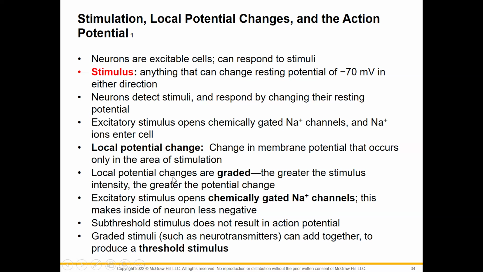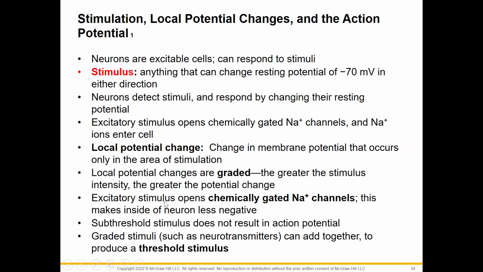The local potential changes will be graded, meaning you'll have more in one spot than another. And then as it continues to move down that cell, you'll have more in the next spot than the previous one, more in the next spot than the previous one. So local potential changes are graded. The greater the stimulus intensity, the greater the potential change. So more stimulus can equal more potential change.